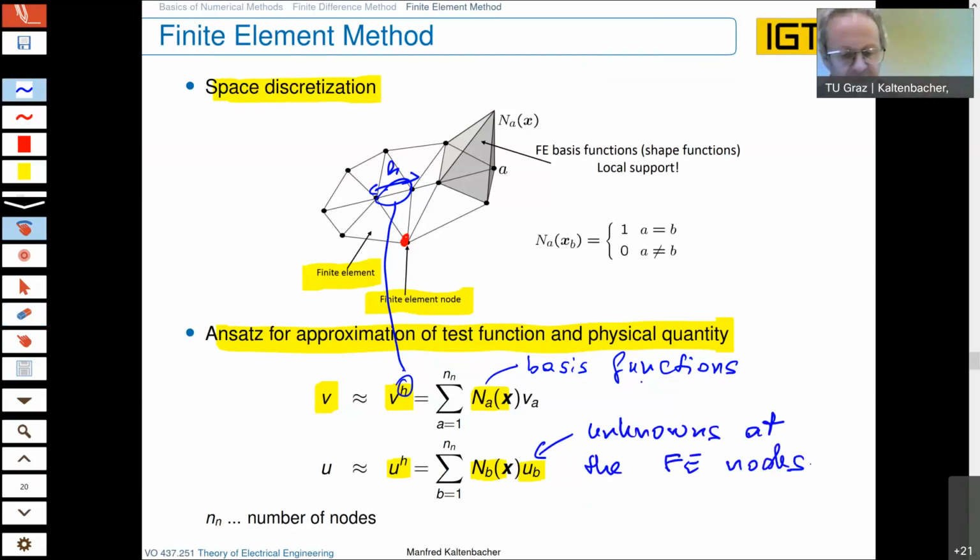And now, I guess it's clear for you, when you make such a simple ansatz with a sum, that we have to force this property, the property of local support. Yeah, we call this local support. That means this basis function is 1 exactly at the node where it corresponds as a basis function.